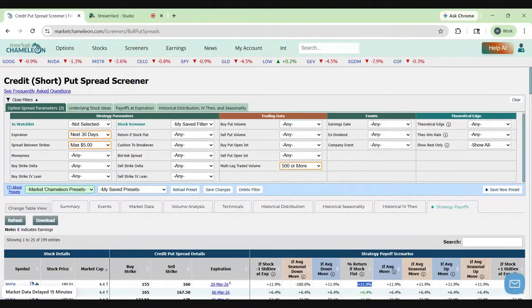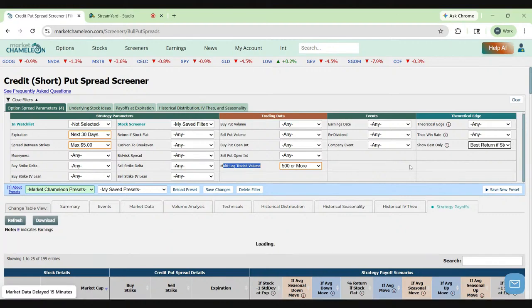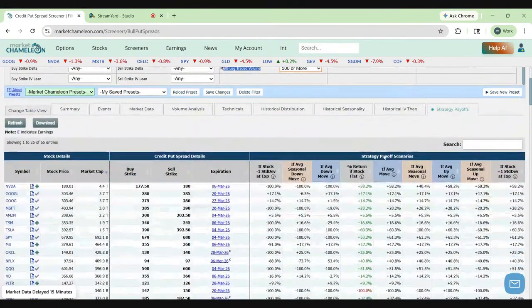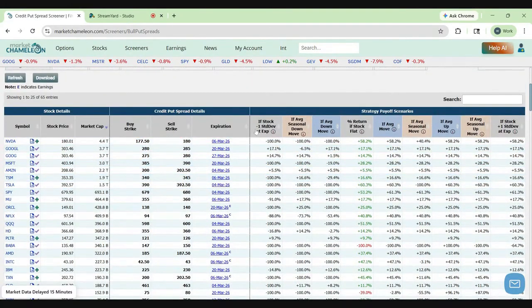So if we just wanted to see in each category, what is the best yield if the stock is flat, given these other filters, we'll go over here, best return, stock's flat, click on that. And then it's going to reload. So here in NVIDIA and Google, so you can see the return if the stock is flat. So if NVIDIA is at the same spot at expiration, then this particular spread will yield 58%.